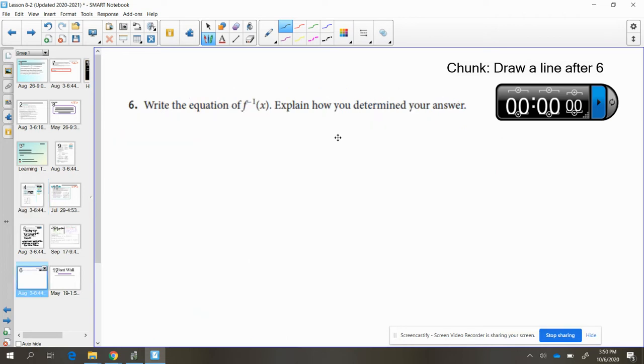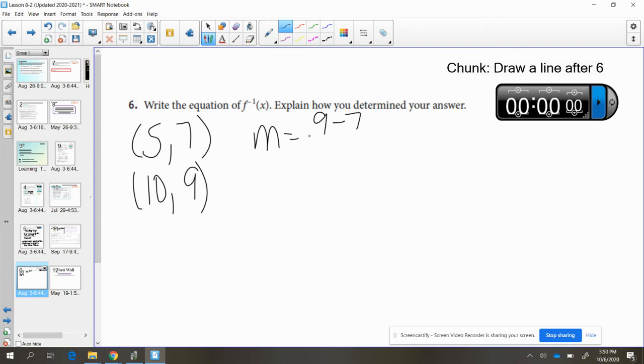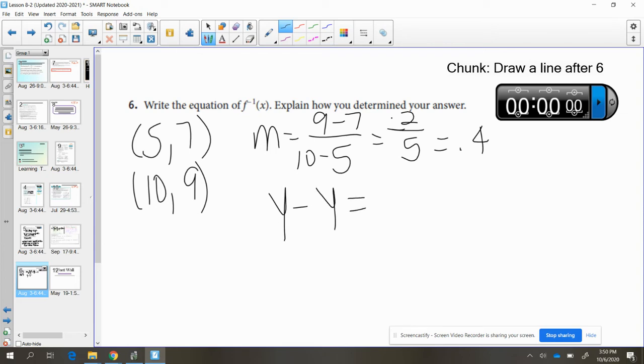If we take those 2 points, in order to write the equation of this line, we can first find the slope: y minus y over x minus x, and we end up with 2 over 5, aka 0.4. And then using point slope form, y minus y1 equals m times x minus x1.